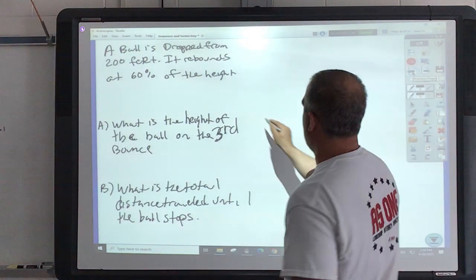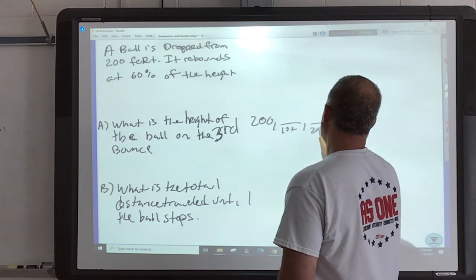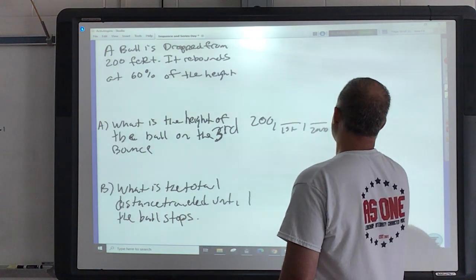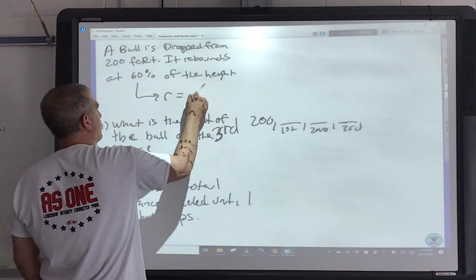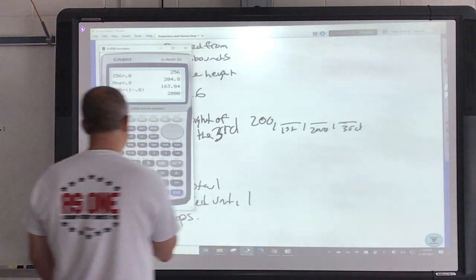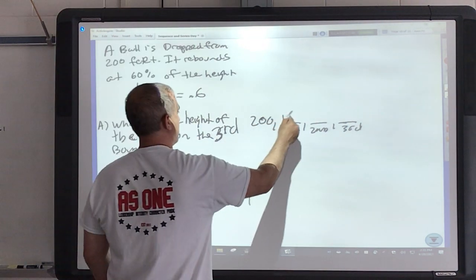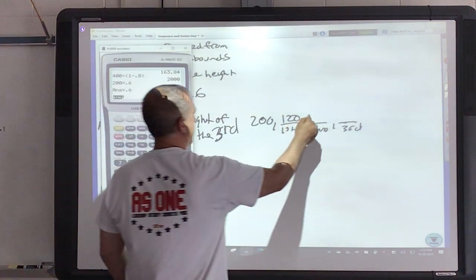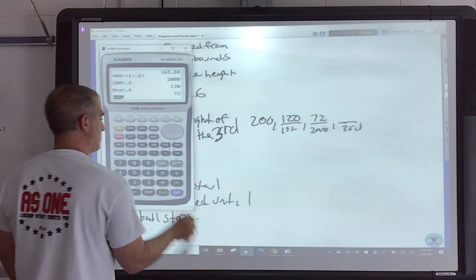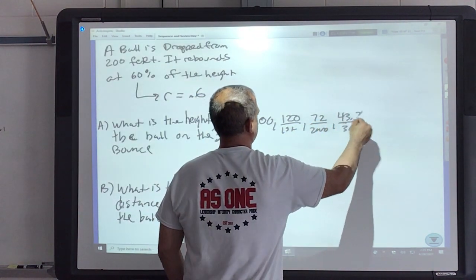What is it on the 3rd bounce? So 200, then 1st, then 2nd, then 3rd. 60% makes R 0.6. So 200 times 0.6 is 120, times 0.6 is 72, times 0.6 is 43.2. That's how high it is.